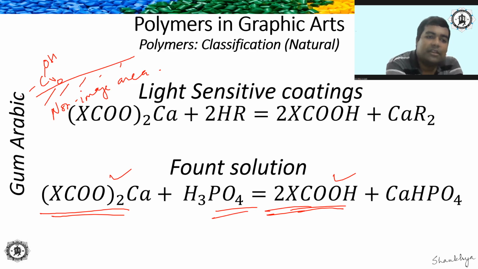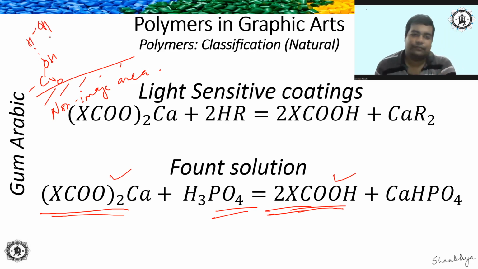So this is your arabic acid molecule, and they settle on top of the non-image area. Now this hydroxyl group forms hydrogen bonds with water. What does it mean? It means this arabic acid is actually pulling water on top of the non-image area to form a uniform film.